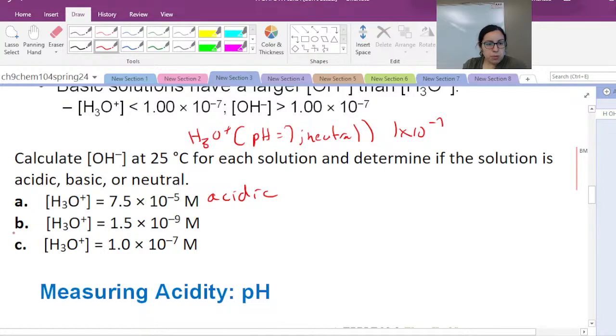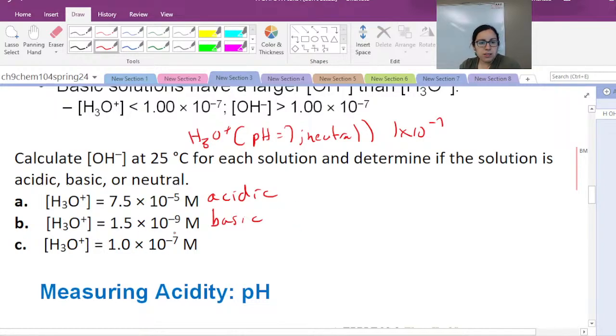And what about B then? 1.5 times 10 to the negative 9. Compare that to your neutral. Is it more or is it less? Less, I hear whispered over there. If it's less, then it has to be basic, since we're looking at the hydronium.